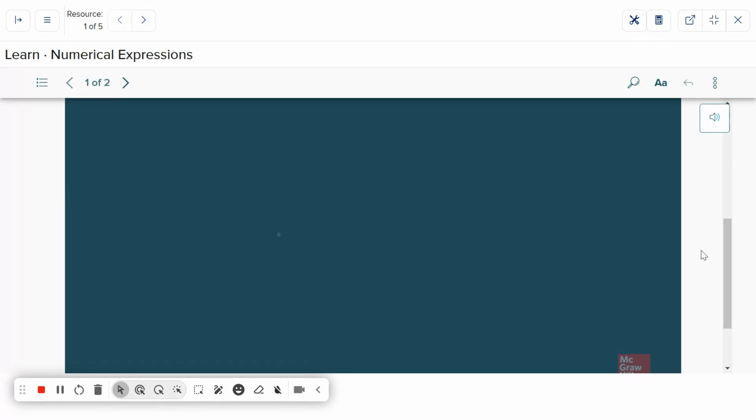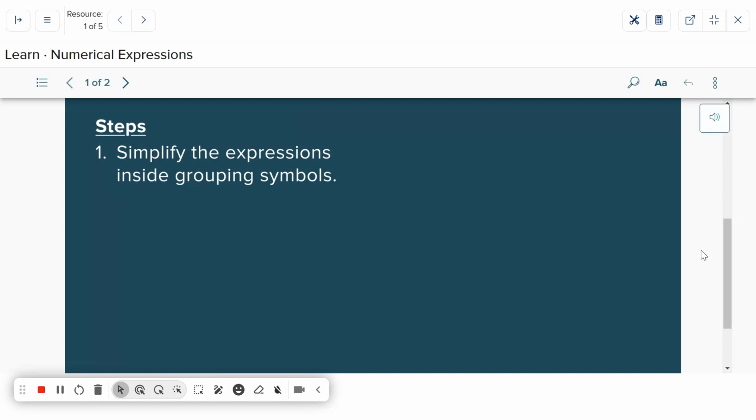Evaluate the expression 6 squared minus 12 divided by 3 plus the quantity 14 minus 9 times 2. Use the order of operations to determine which operation to perform first. First, look for any grouping symbols, such as parentheses. Simplify the expression inside the parentheses. 14 minus 9 is 5.